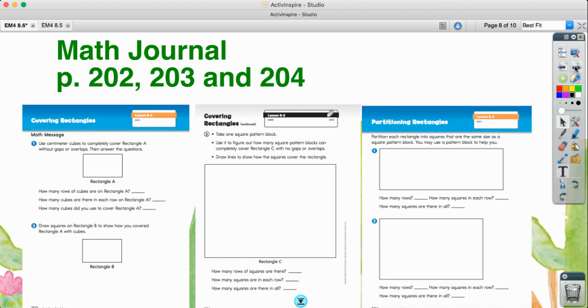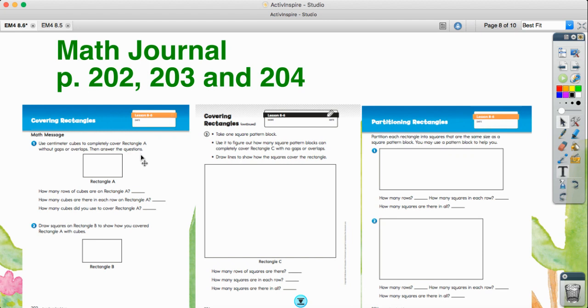Today's math journal pages are pages 202, 203, and 204. Number 1. Use centimeter cubes to completely cover rectangle A without gaps or overlaps. Then answer the questions.